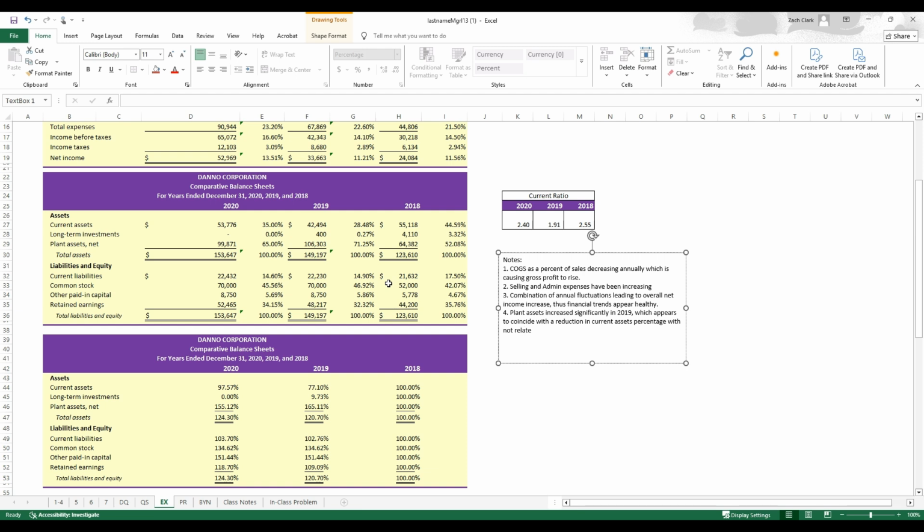So we'll say with no related increase in long-term liabilities or current liabilities. Thus, it appears that the purchase of plant assets in 2019 was accomplished using current assets, likely cash. So generally a good thing.